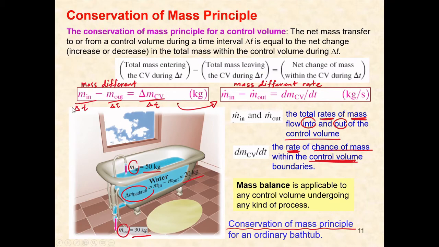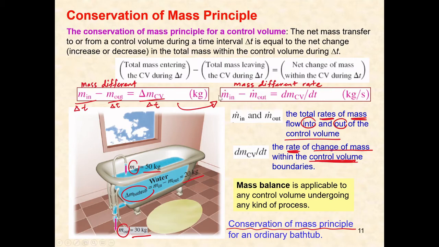And then you divide it with time, because you do it for a certain amount of time. Maybe this happened within 1 hour, 2 hours, depending. So if you take the change of time and divide by it, you get the incoming mass flow rate and the outgoing mass flow rate.